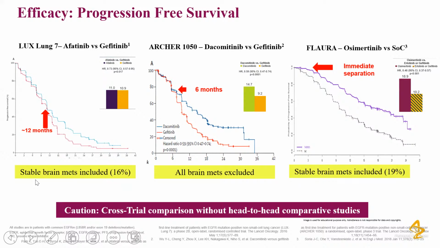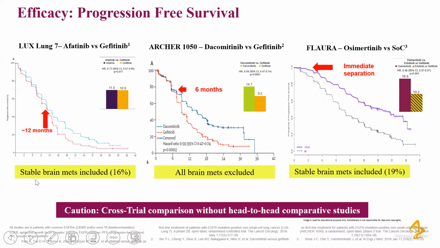While comparing dacomitinib versus gefitinib, all brain metastases were excluded in this trial. You can see gefitinib 9.2, dacomitinib 14.7. Up to 6 months the curves did not separate, so the difference was only seen after 6 months, and the hazard ratio is 0.59.